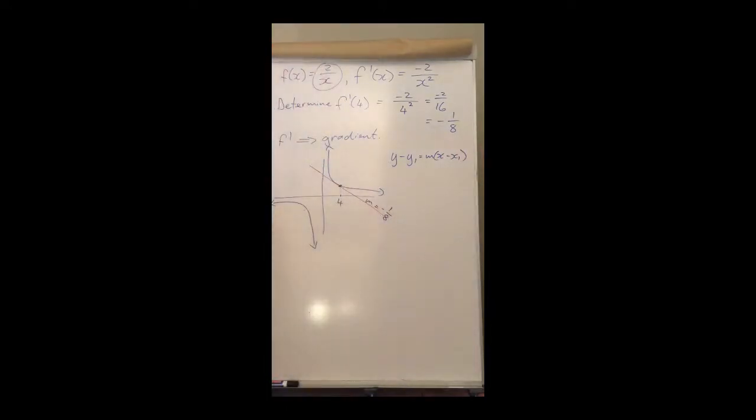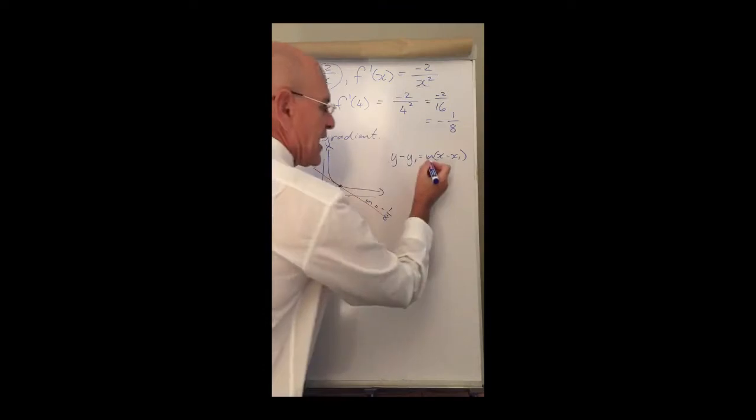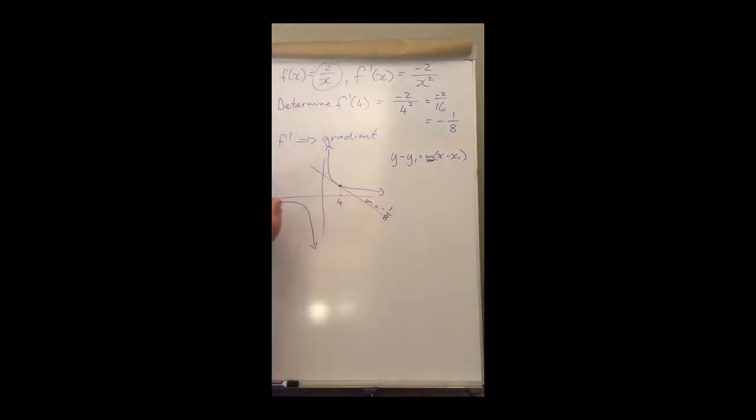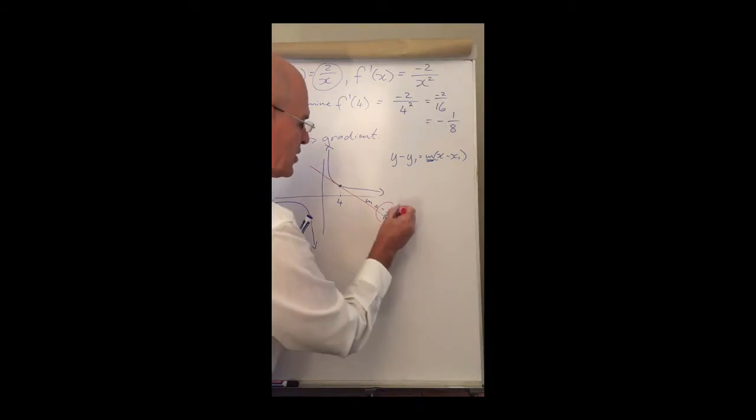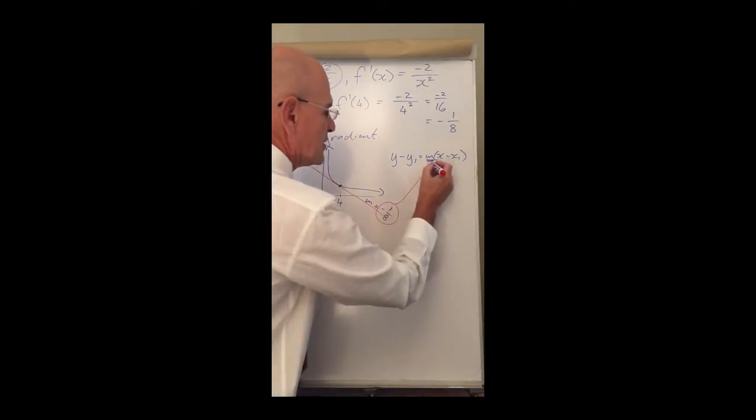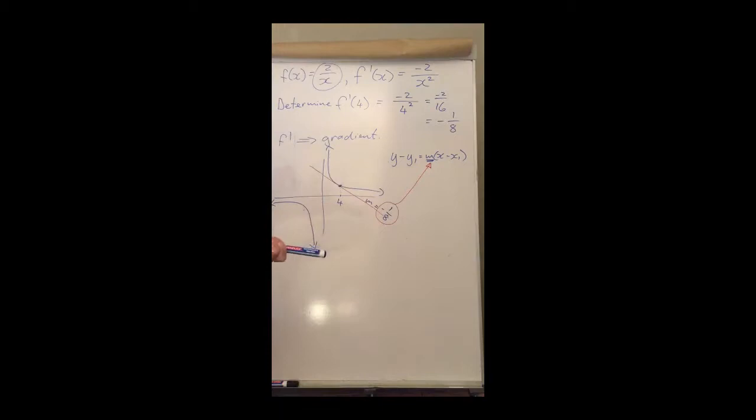That is my standard formula to determine the straight line. We do have m now, because we already determined the gradient of this line. So all that we need to do now is to find another point, another coordinate that we can substitute for the x and the y.